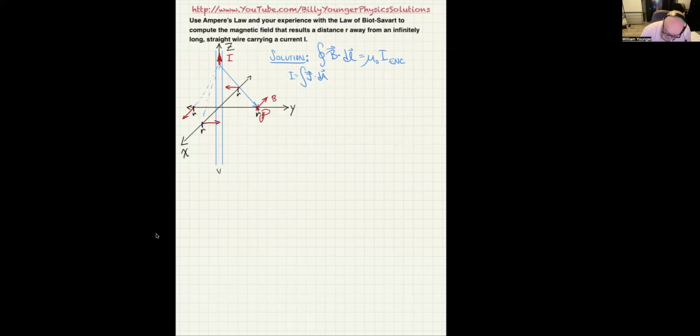Now, additionally, another way of making this even more clear is by drawing a plane perpendicular to the actual current carrying wire. And that plane would be basically here to here. That part didn't work out so good. So right about there.